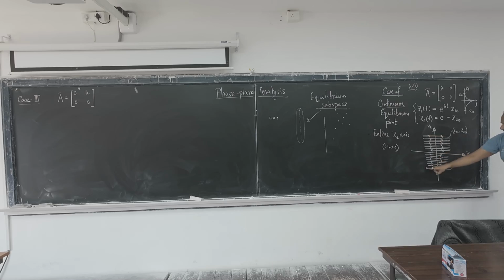Similarly, for these initial conditions and these initial conditions, in this case Z2 is an attractive equilibrium point, right? And if you consider Z10 only, in that case you will be getting the points on the Z1 axis, depending upon the value of Z20.